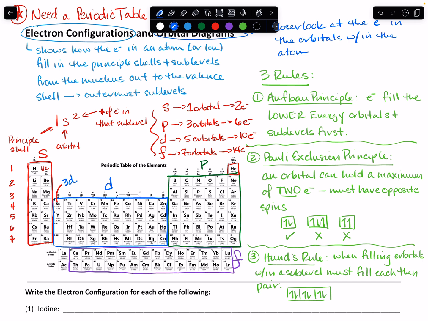So even though cerium, which technically belongs up here, first shows up in row 6, cerium starts with 4F. So it's 1S, 2P, 3D, 4F for the first principal shell for each of those sublevels. So you just need to keep that in mind when we're working across.